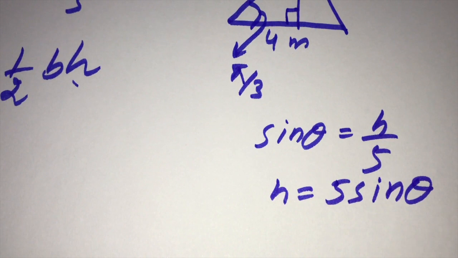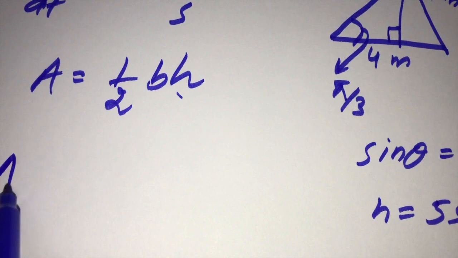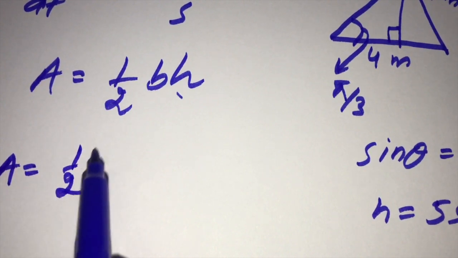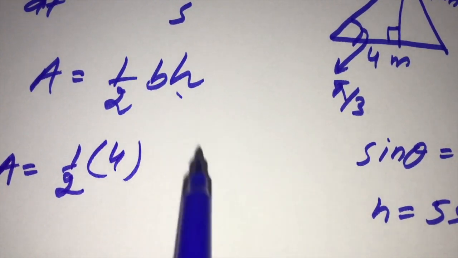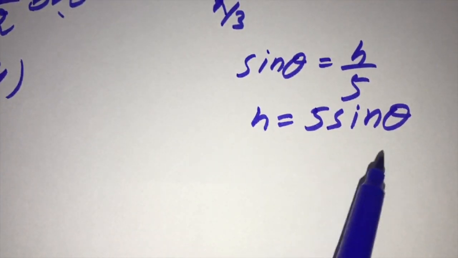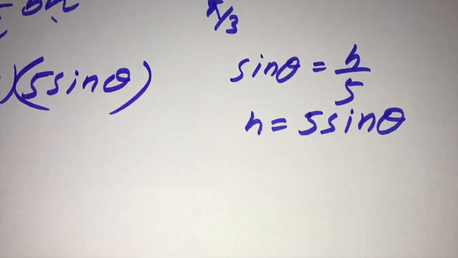Okay, so now we put the area is equal to 1 by 2, times the base, which is equal to 4, and the height relation we found is 5 sine of theta.